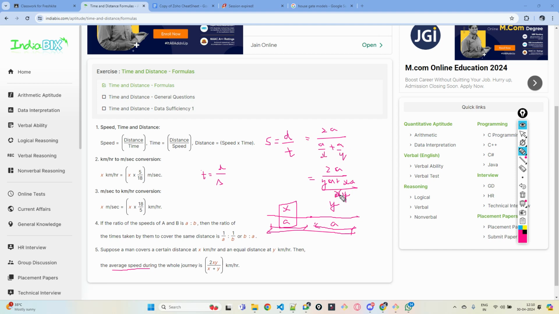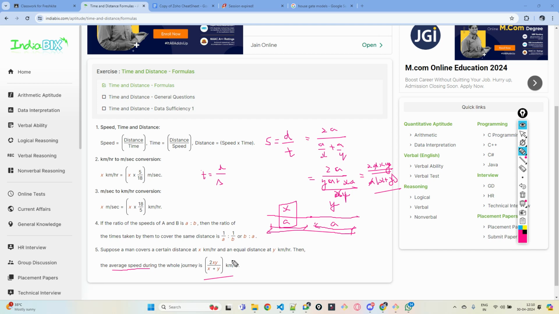So this is the denominator, this will go upstairs. So this will be 2a, and xy will go up, divided by, I take the a common, inside there will be y plus x, which I put as x plus y. Now a cancels, it will be 2xy divided by x plus y. That is how this came.